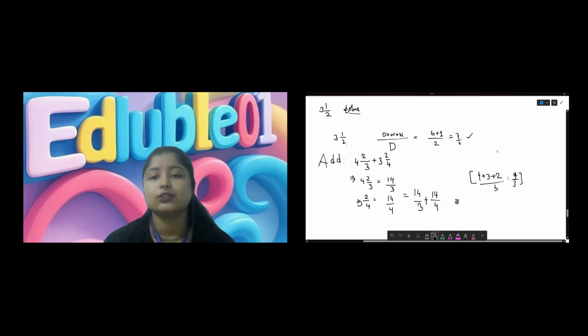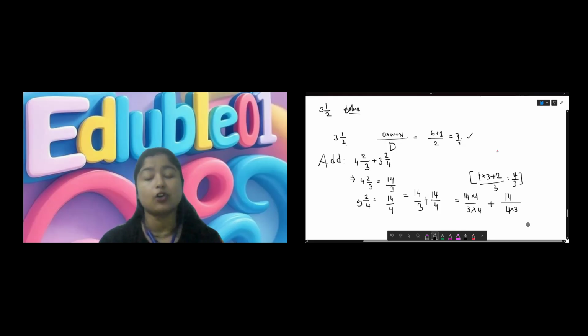So it's going to be 14 over 3 times 4, and this is also going to be times 3, plus 14 over 4. Nothing serious, just need to do times 3 over here like we added the normal improper fractions. This is how you get the answer.